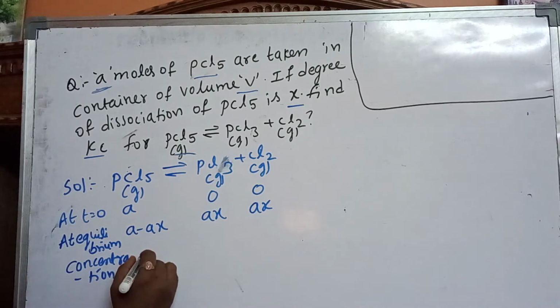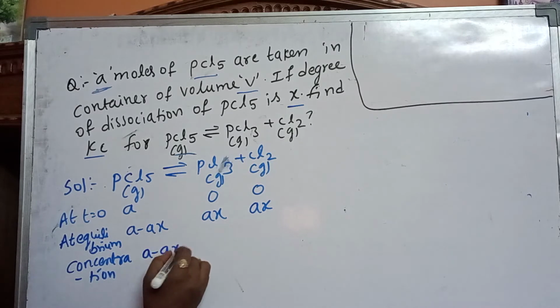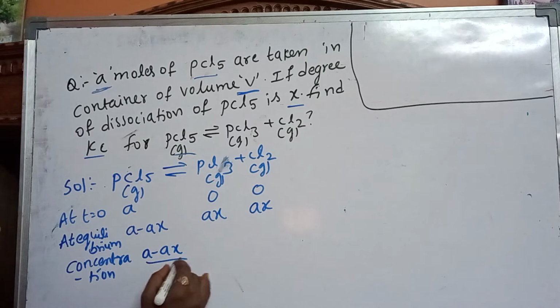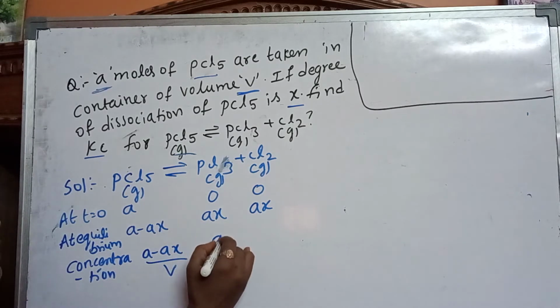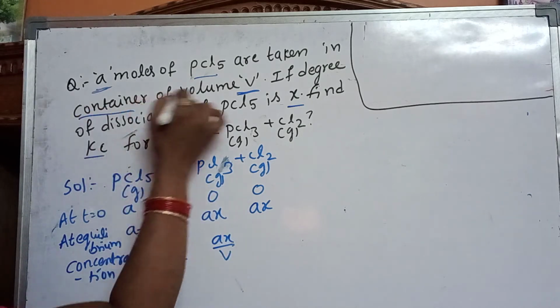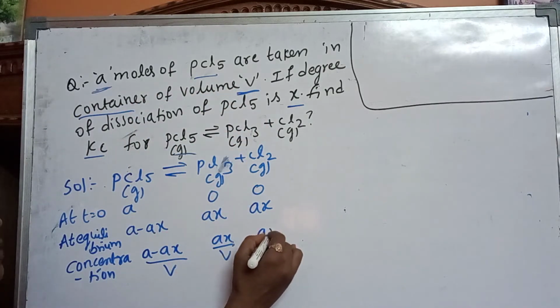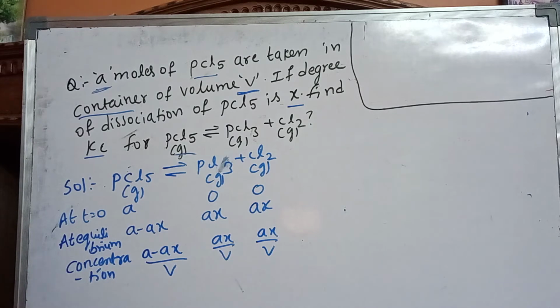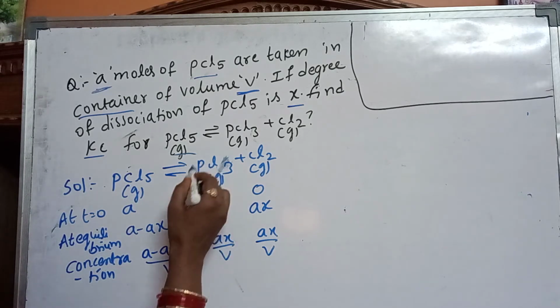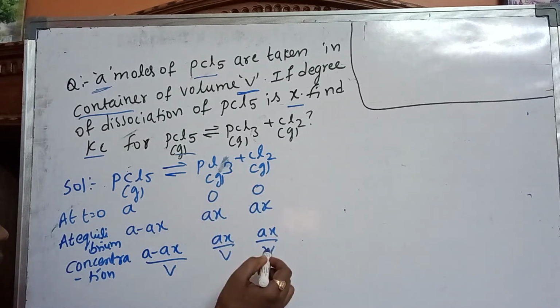So the concentration is A minus AX, and the volume is given as V. So A minus AX by V. For PCl3 the same, AX by V. The container volume is totally V. This is about the concentration of each component. So A minus AX by V is the concentration of PCl5, AX by V is the concentration of PCl3, and AX by V is the concentration of Cl2.